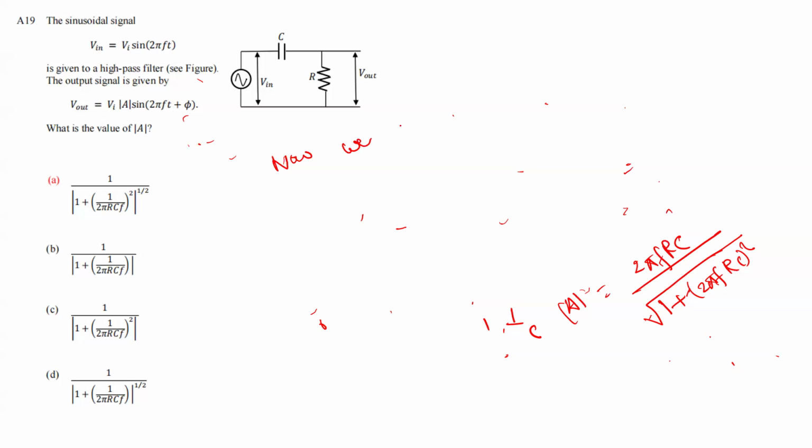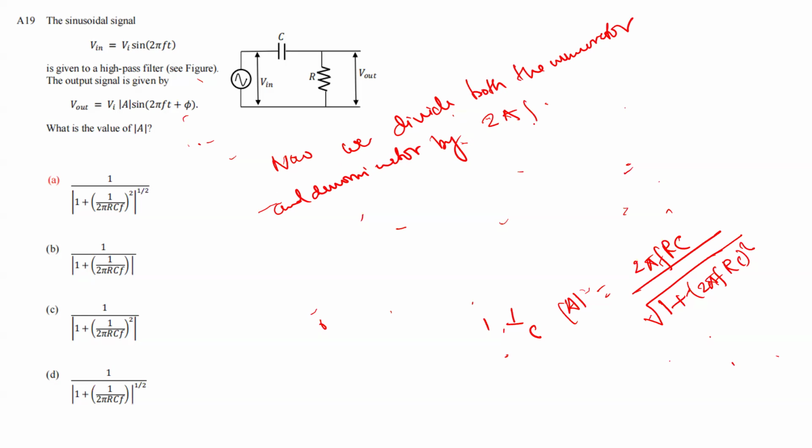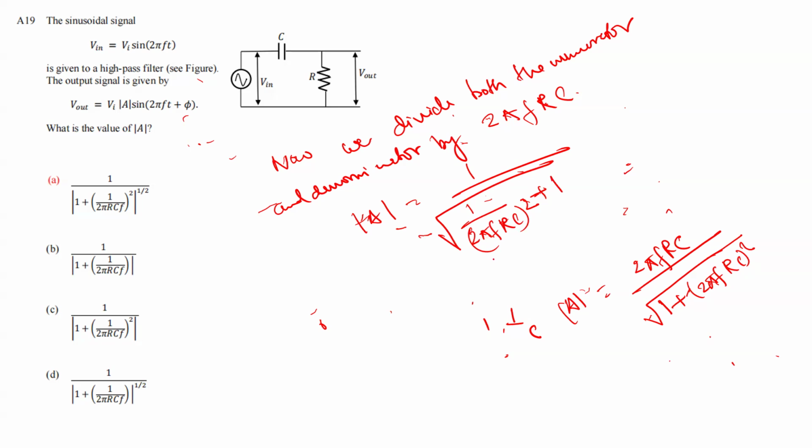So the amplitude A becomes 1 over the square root of 1 by 2 pi f RC whole square plus 1, which is our modulus.